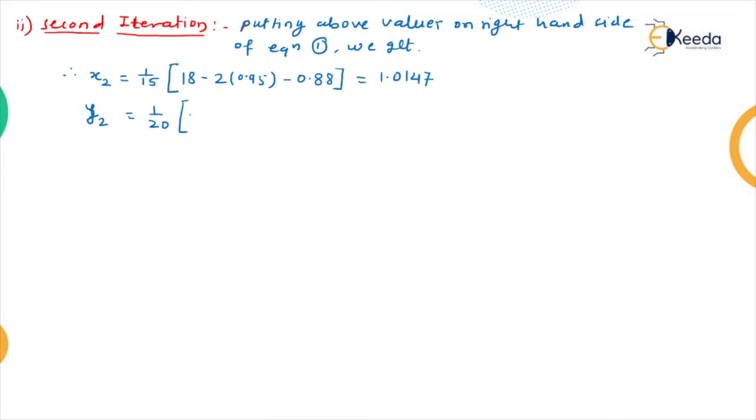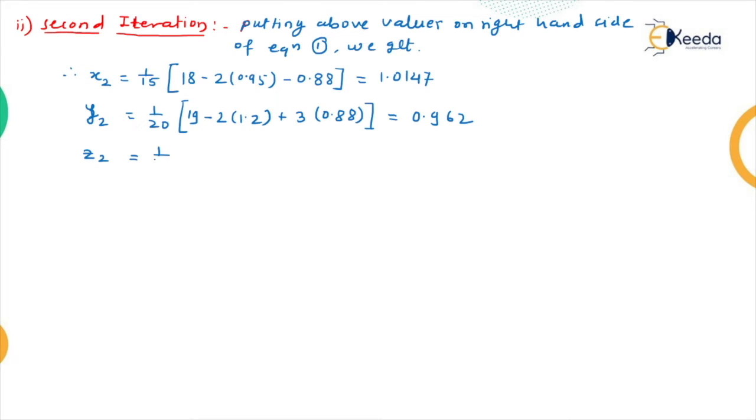So this becomes 19 minus 2 into the recent value of x1, which is 1.2, plus 3 into the value of z1, 0.88. Recent value means the values from the first iteration are used in the second iteration. So we get 0.962. This is y2.